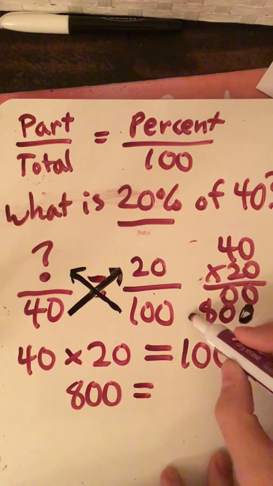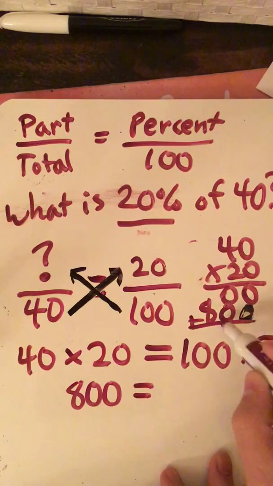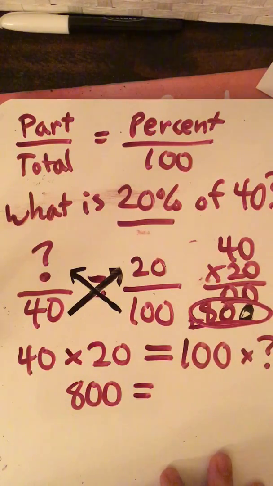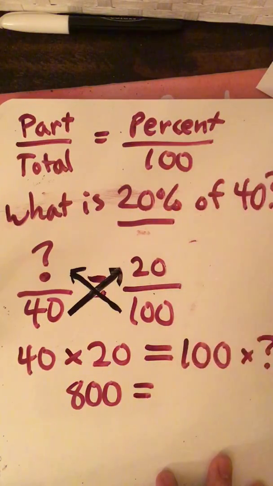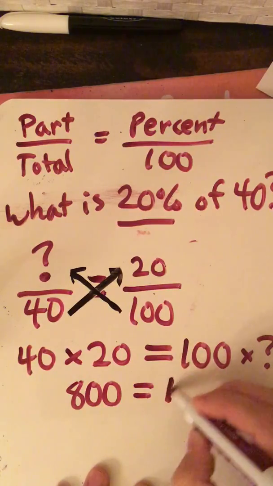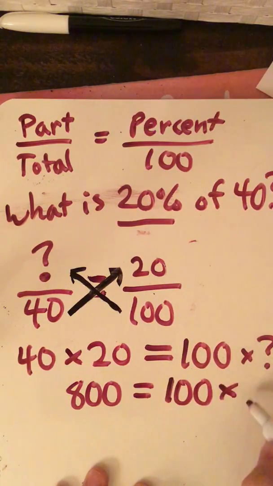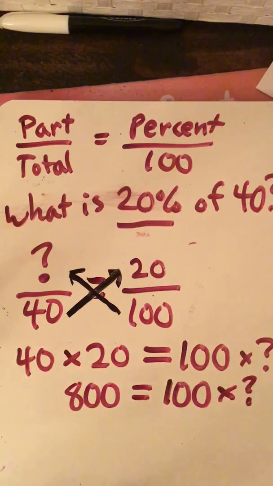And if we were to add these up, we would get 800. Okay, we get 800, and that's what we have over here. So I'm going to get rid of this. What do we have left? Well, we have 100 times question mark.